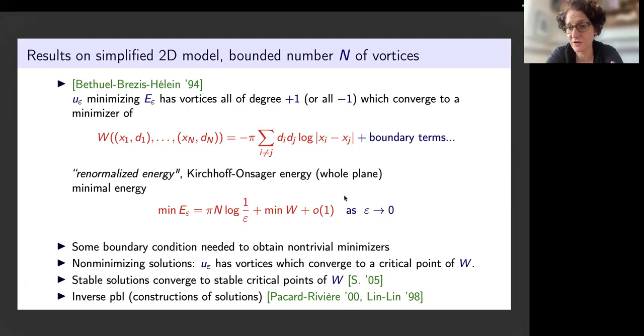So the analog of this in the scalar valued case, when you don't impose u to be complex valued but real valued, you converge instead to interfaces, which are hypersurfaces, if you want, or in the sense of currents. And so people have asked the same kind of questions. If you give yourself a minimal surface, can you find a critical point of Allen-Cahn that converges to that? And so this has been done also in this context of vortices.